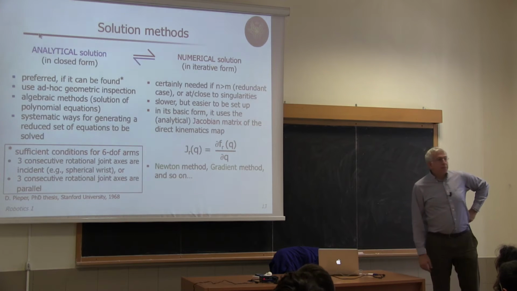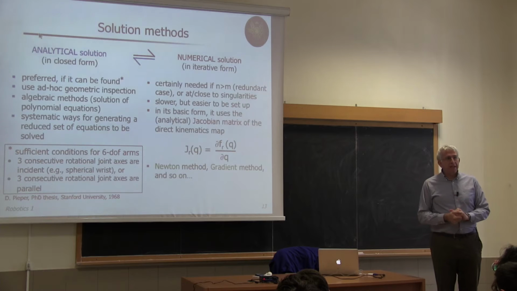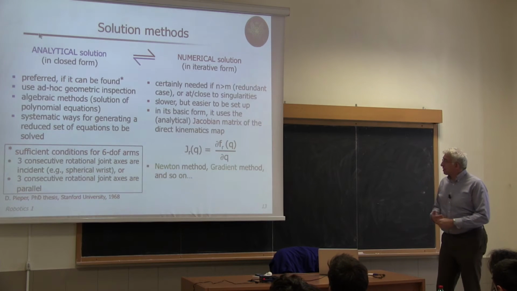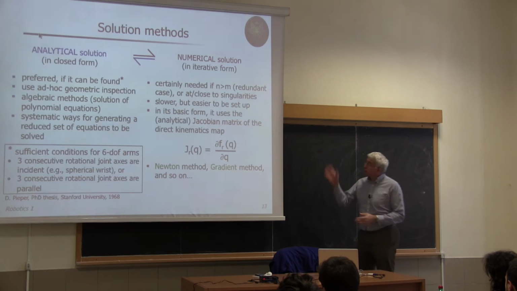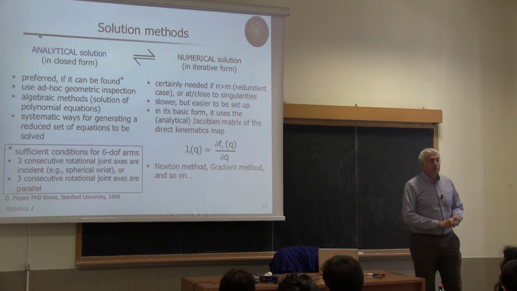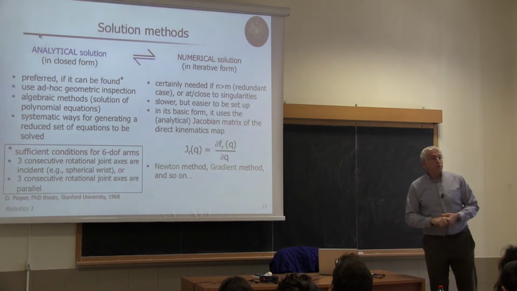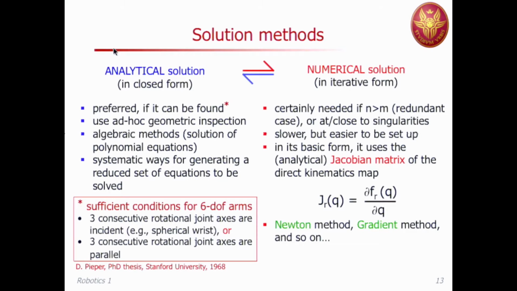We will see this morning how to solve the inverse kinematic problem for a robot manipulator using a numerical approach. So this slide is the presentation of the comparison between looking for an analytical solution in closed form or looking for a solution by applying a numerical method, which is typically an iterative one.